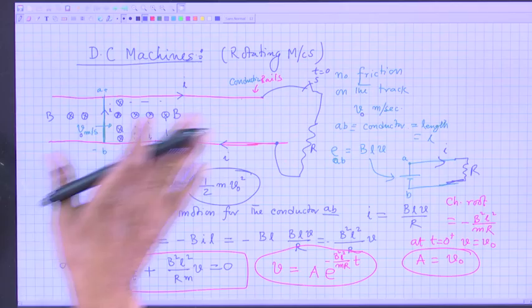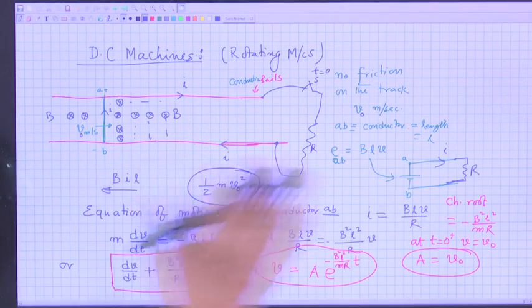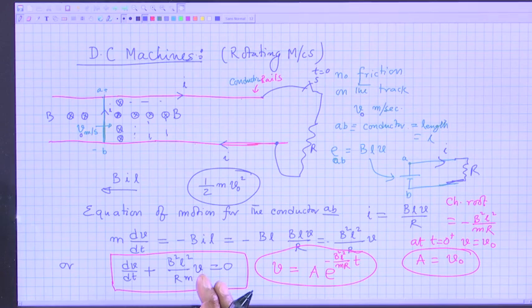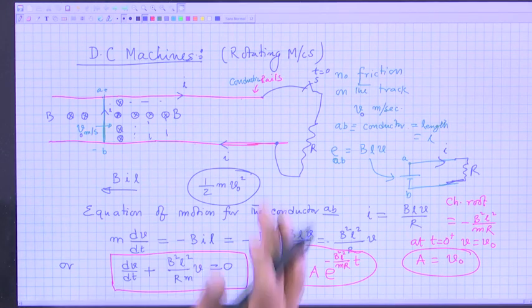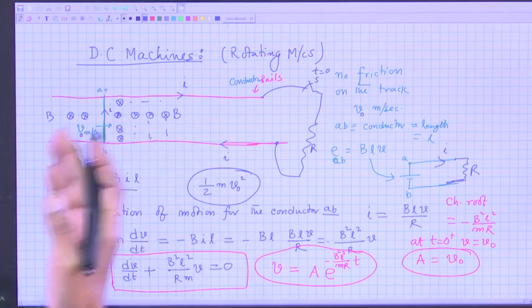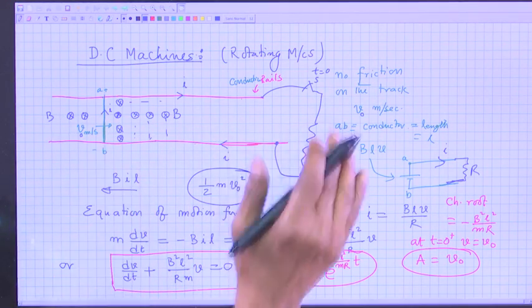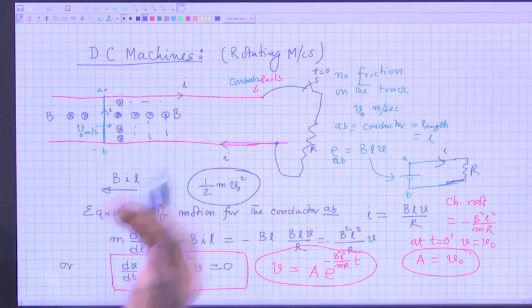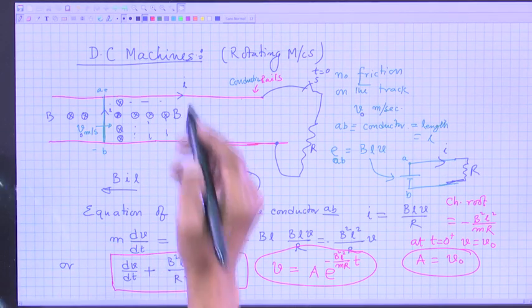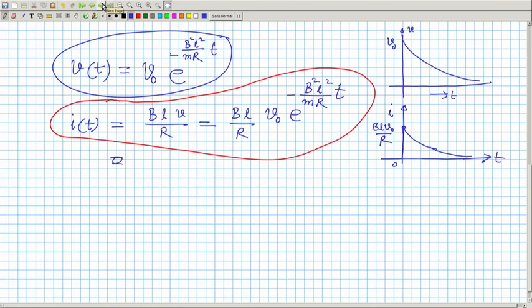Whoever is pushing that conductor with a force equal to BIL will do that work. So in general there must be an external agency pushing it from left to right, called the prime mover. So this is a simple generator without any prime mover.